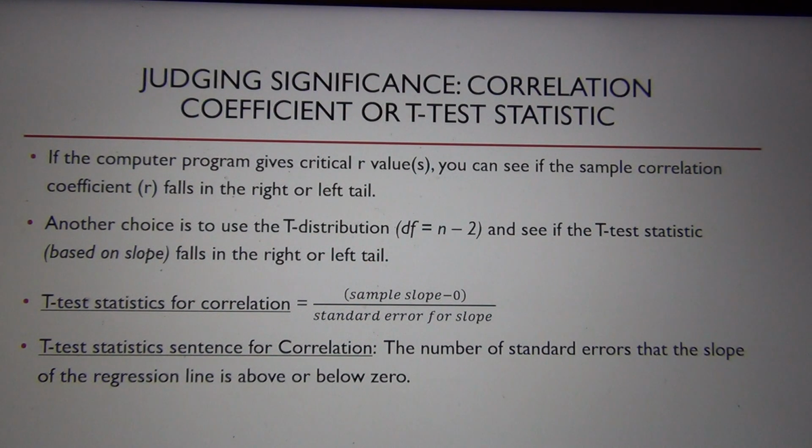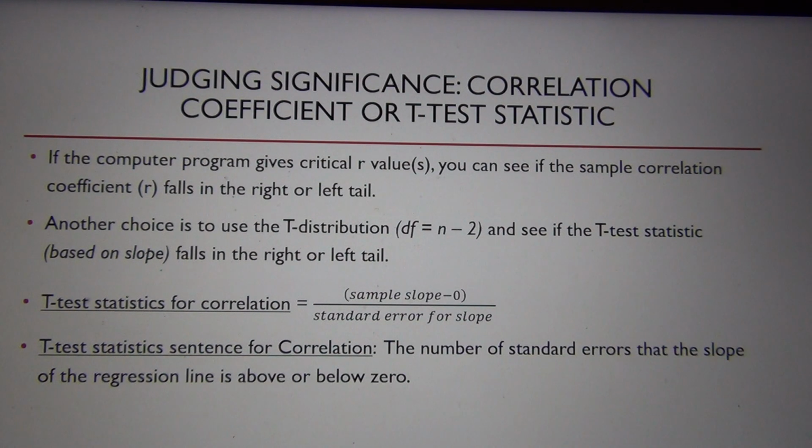And then if we want to use that t-test statistic to determine significance, we could use a t-distribution, degrees of freedom n minus 2. That's the number of ordered pairs of data minus 2. And see if the t-test statistic falls in the right or left tail based on a critical value. We'll show you examples later here.